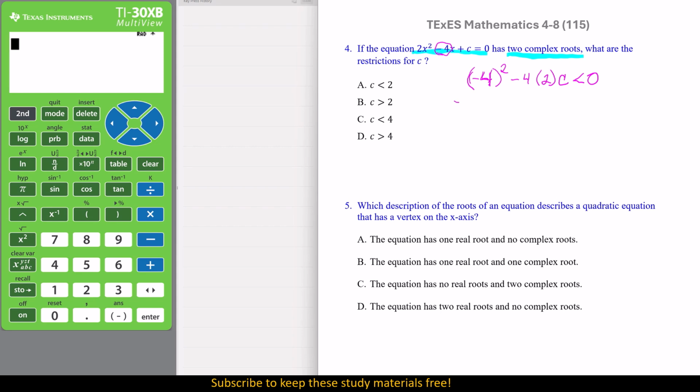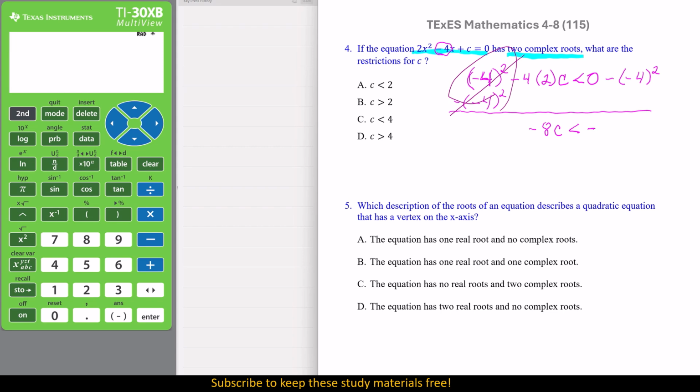What I do is subtract negative 4 times 2 from both sides, for accuracy. I know that's going to equal 0. Now I know 2 times 4 is 8. Negative 8c is less than negative what?